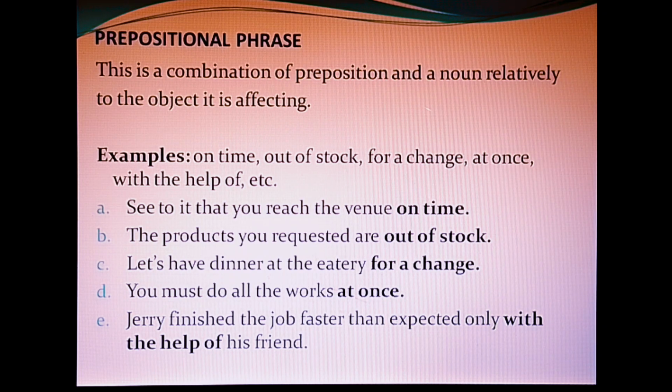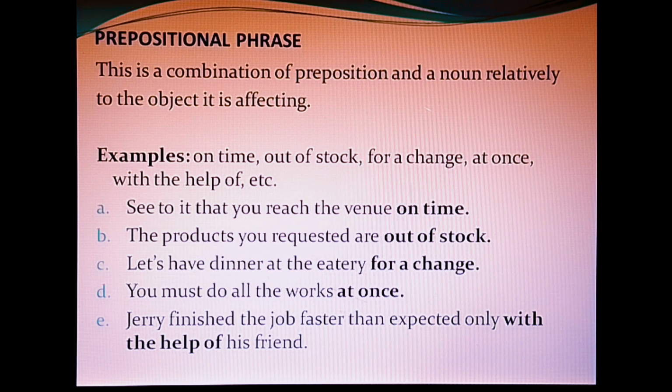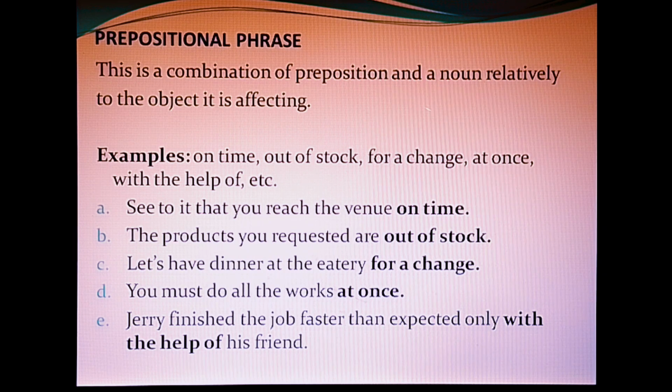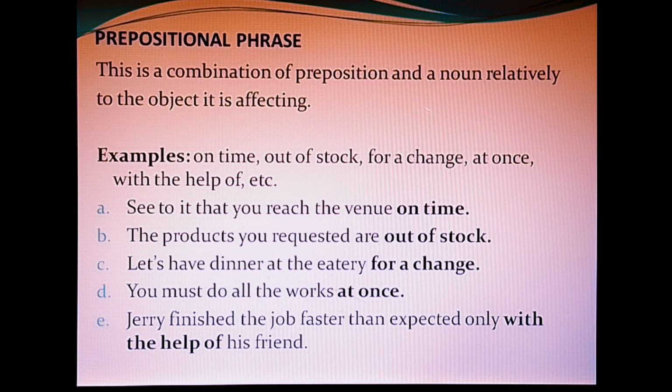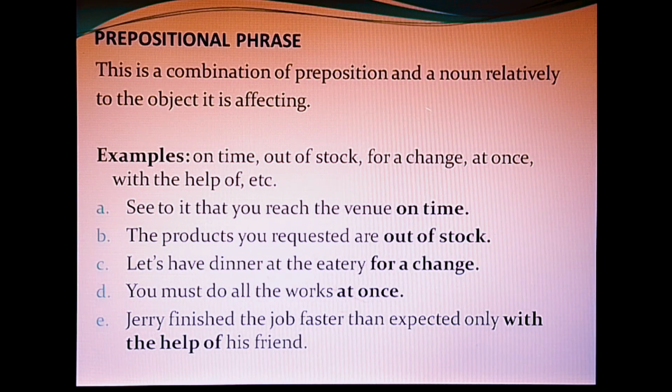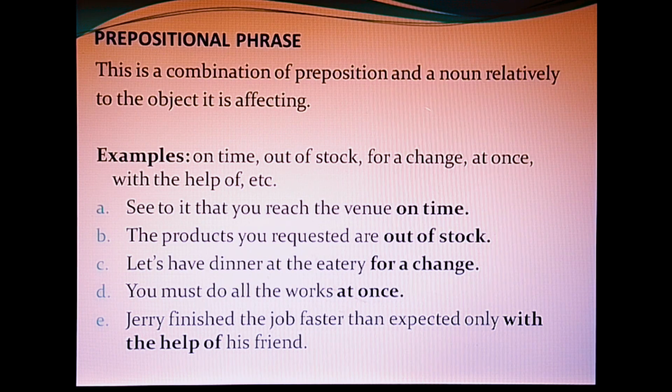So Jerry finished the job faster than expected only with the help of what? His friend. So this is what a prepositional phrase is. Very simple. Don't forget, it is a combination of preposition and a noun, and I've explained to you with these examples why they are called prepositional phrase. So please take note, don't forget.